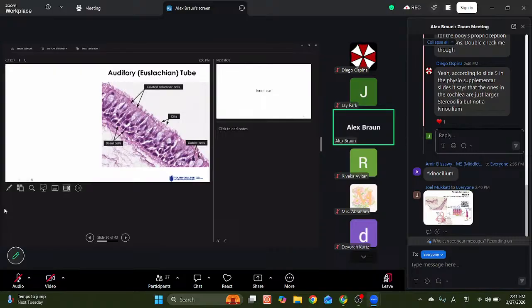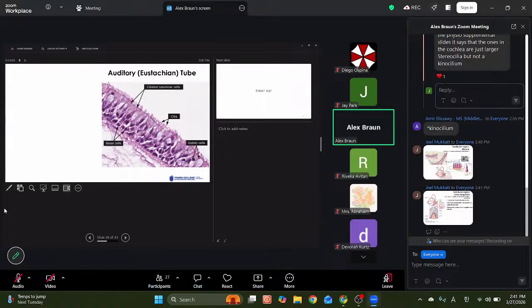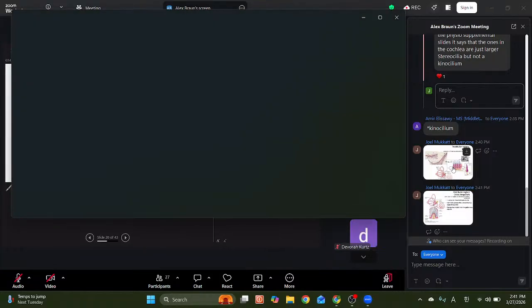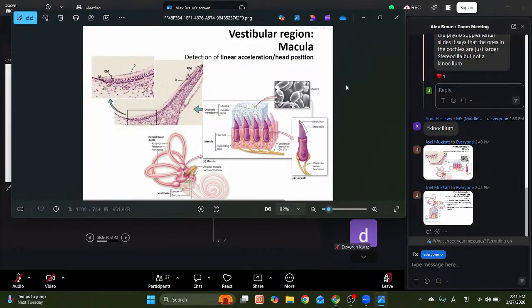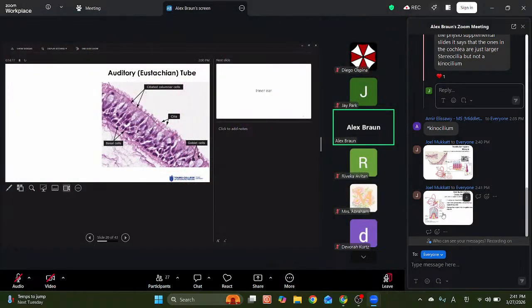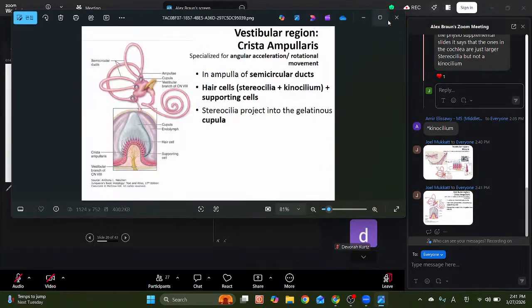So if you have some process which causes dysfunction of cilia, it cannot sweep unwanted materials, including mucus, from the tympanic cavity towards the nasopharynx. So that's one of the reasons that people get infections if something impairs ciliary action.